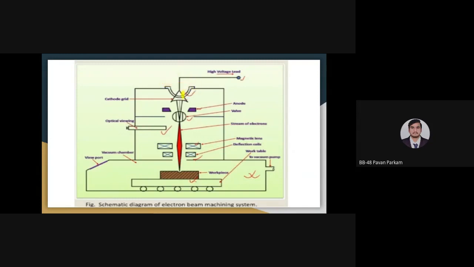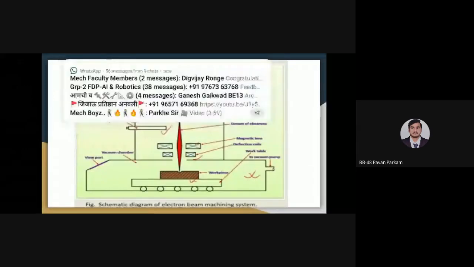You can see this high voltage lead. So using this high voltage lead, this cathode filament is actually heated up.